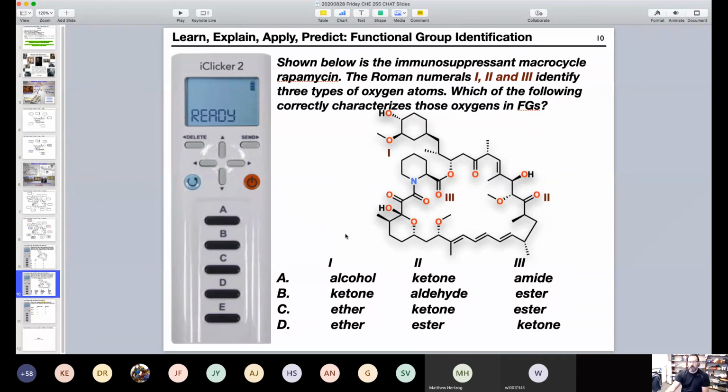How would you classify those functional groups? It looks like C is the correct answer. We have an ether, we have a ketone, and we have the ester.